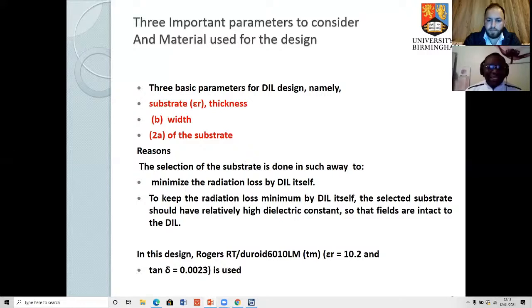And so to achieve beam scanning, you will need this particular substrate from Rogers, 6010LM. This particular substrate has the property that will perform the magic for your beam scanning. So please take note, this particular substrate is the main component that performs the magic for our design. Bear in mind, you need all those parameters which I've just talked about earlier on.